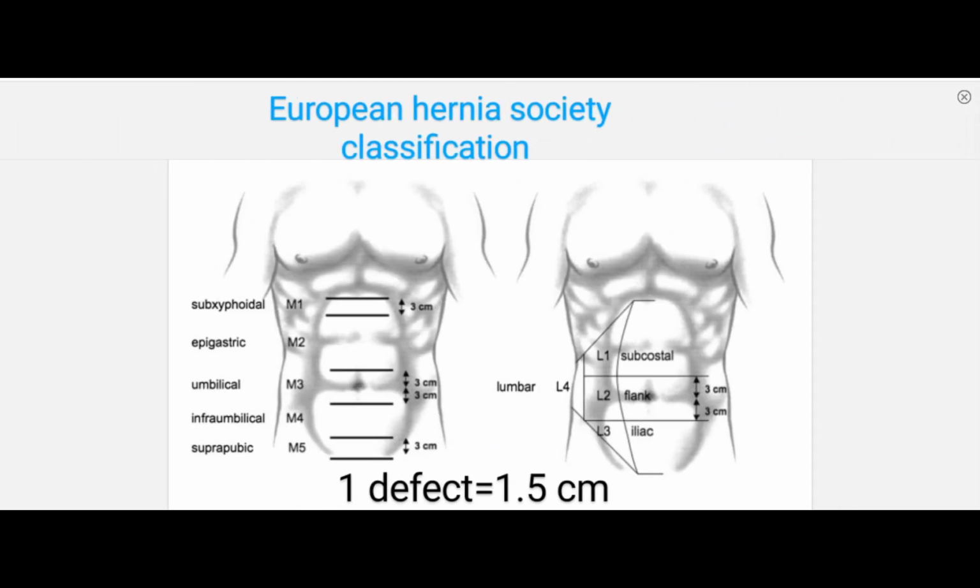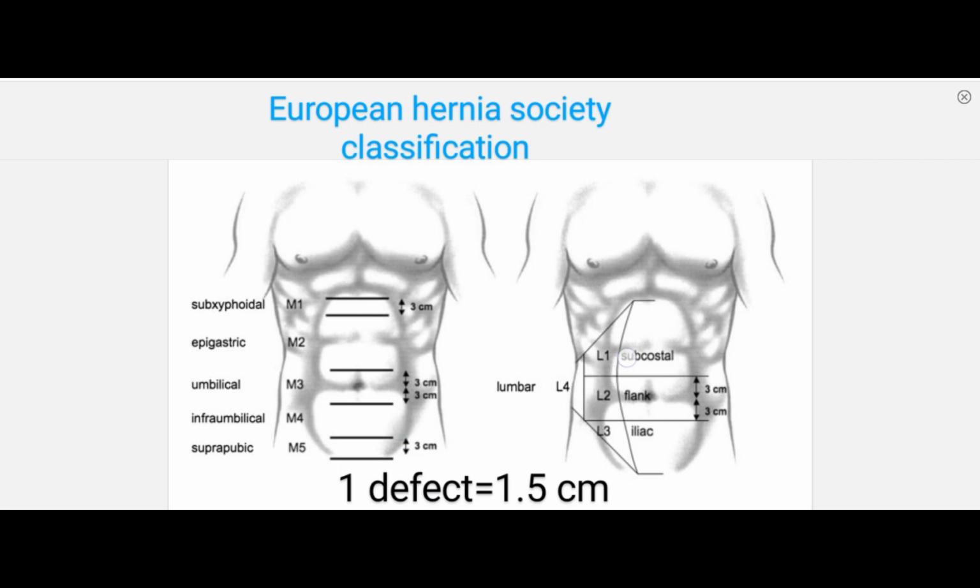Then next we have the European Hernia Society classification. In this classification, the hernial defects are named according to the location in which they lie. In the midline they are given M and in the lateral region they are given L. In the midline, M1 is subxiphoid, M2 is epigastric, M3 is umbilical, M4 is infraumbilical and M5 is suprapubic.